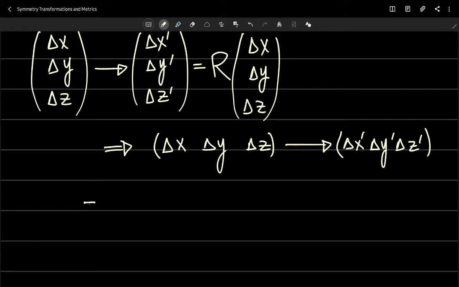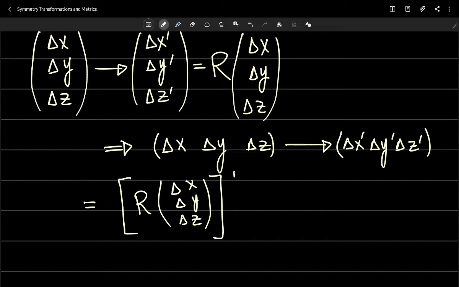Which is actually equal to, if you were to apply a rotation operator on the column matrix, that is delta x, delta y, delta z, and you were to take the transpose of this thing.